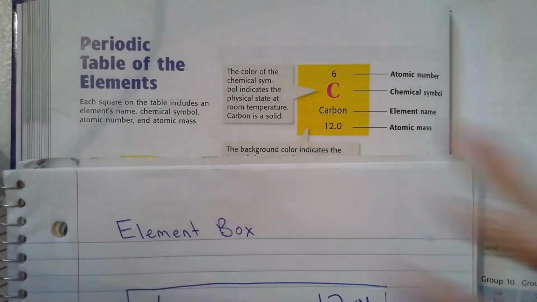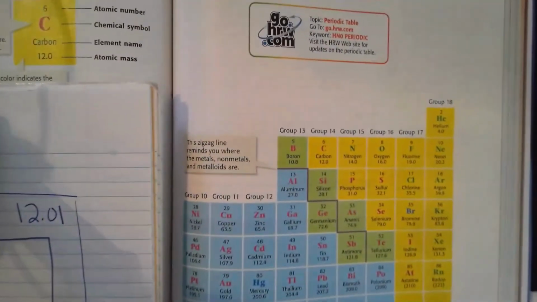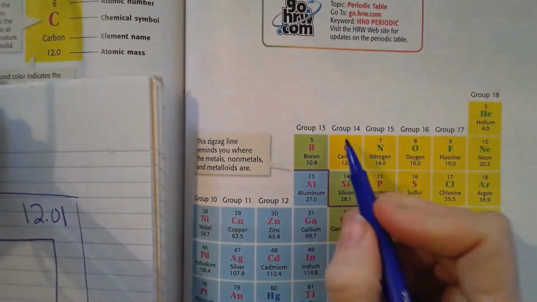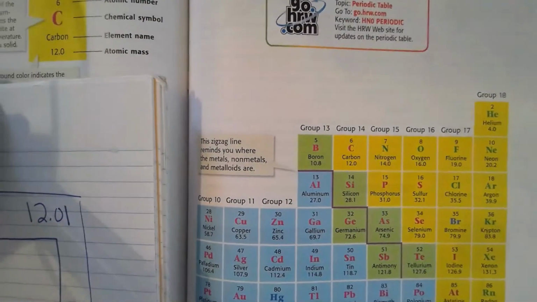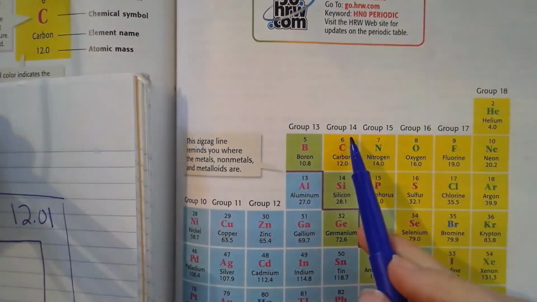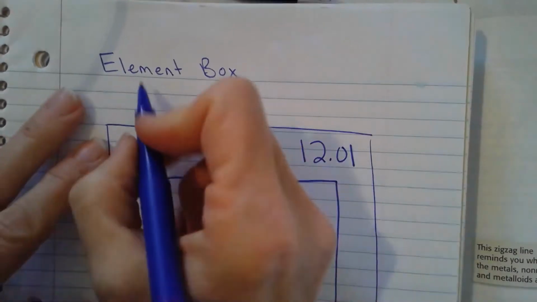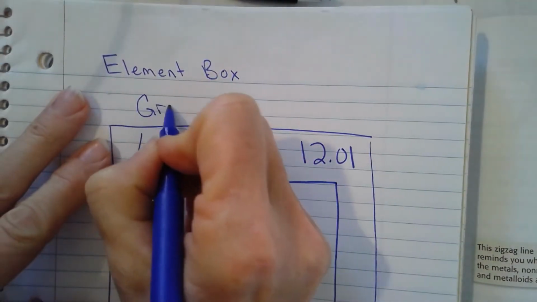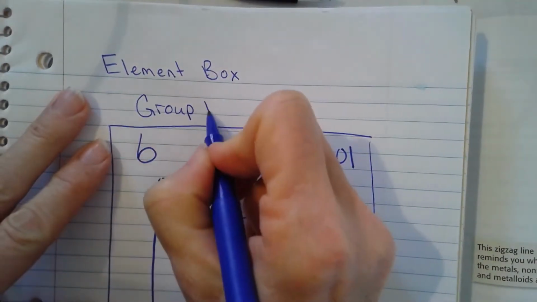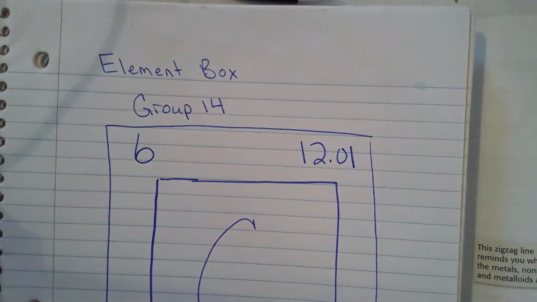And it doesn't show here, but if I were to look on the periodic table, carbon is found under group 14. So back on my notes, on the top here, I'm going to write group 14. And I'm going to explain what each of these things mean.